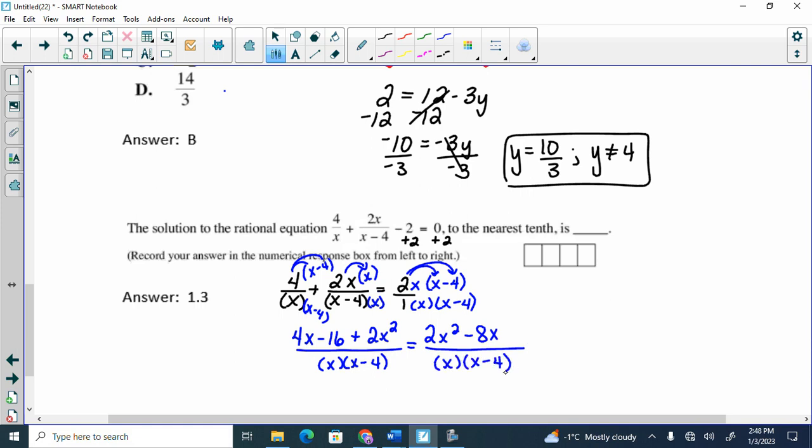So once I get my denominators equal, I can set my numerators equal. Before I do that, I have to state NPVs, or restrictions. So I have x can't equal 0, and I have x minus 4 can't equal 0, add the 4, x can't equal 4.